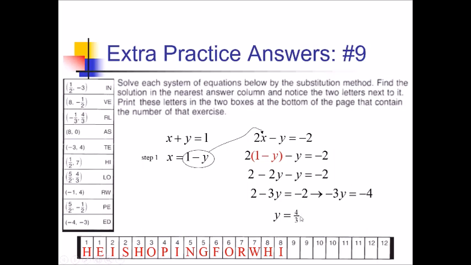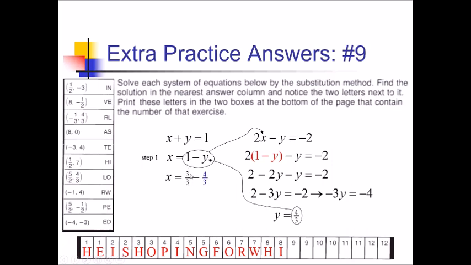All right, let's go ahead and plug that back in to this equation up here so I can get an x value. Now, when I rewrite this, instead of writing x equals 1 minus 4/3, I'm going to just turn this 1 into something with a denominator of 3, a common denominator. So I can rewrite this 1 as, we'll say, 3 over 3, because that's really 1 if I divide those, right?